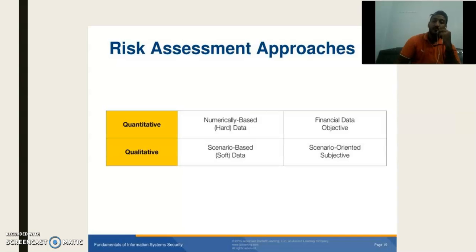Then the qualitative risk assessment approach is scenario based, contains soft data, is scenario oriented, and is also subjective based data.